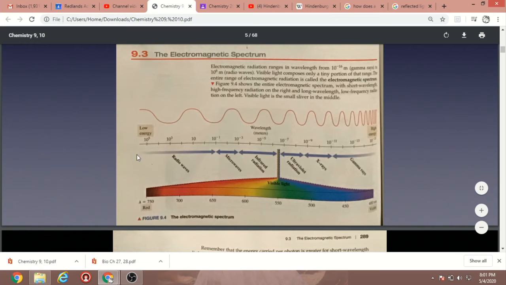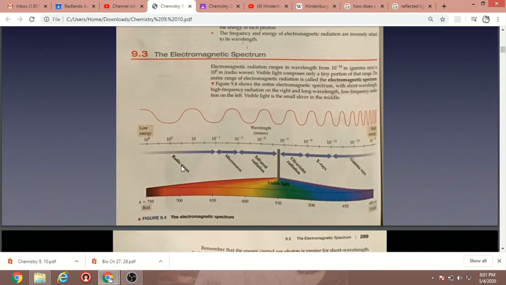But again, let's look at all the different waves, at least just the ones that are on this figure. Radio waves. Are those important? Do we still listen to the radio? Absolutely, we still listen to the radio. Do we tune into AM radio waves and FM radio waves? Absolutely. By the way, those numbers represent frequencies that you tune into your station, like 89.7.